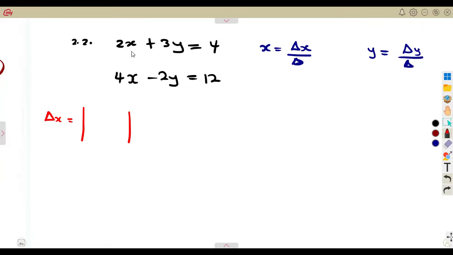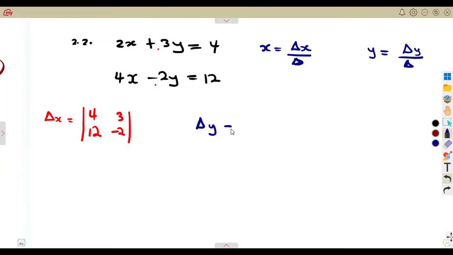So in place of x, instead of writing 2, 4, we substitute the constants. So that will be 4, 12. The part of y remains as it is. So this is 3, this is minus 2. You have your determinant. You move on to that of y.